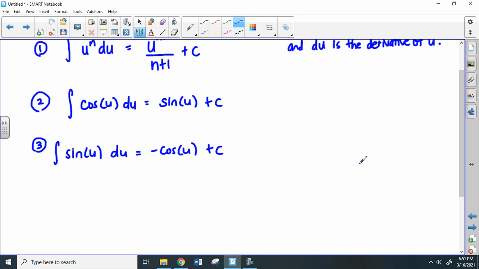And so I could do any of the other trig functions and put a u in place of x in the other rules that we've done. It all works out the same, all right? So if I want to integrate e to the u du, then remember that's going to be the same, e to the u plus c.